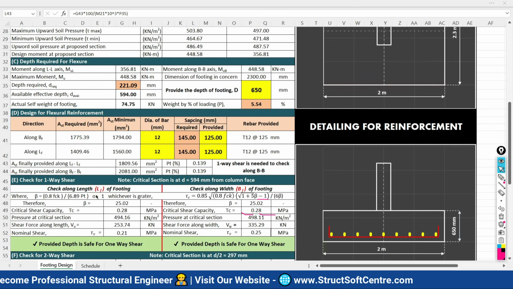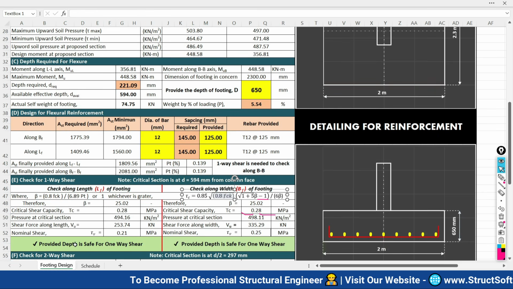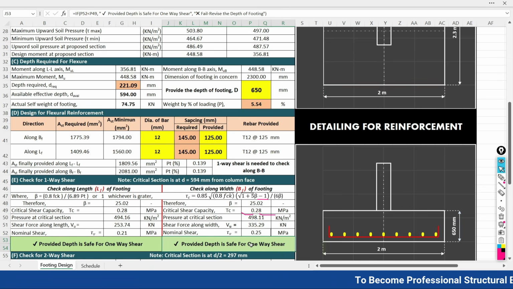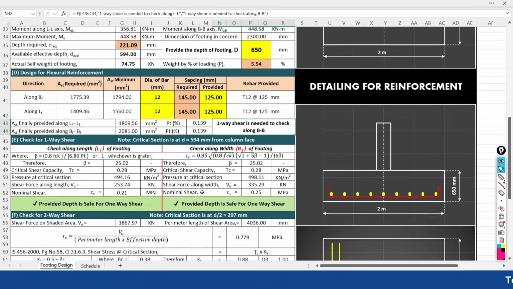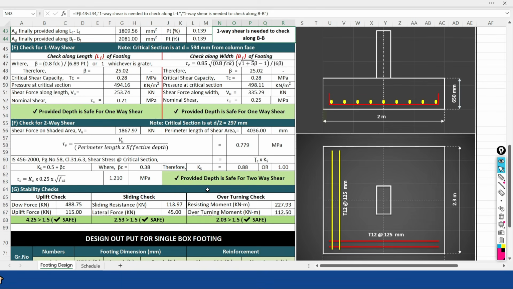Now here you can check for the one-way shear along length and along width. We found that the provided depth is safe for one-way shear along the length, and safe for one-way shear along the width. Now after checking for one-way shear, we have to go for the two-way shear check, or we can say the punching shear check.